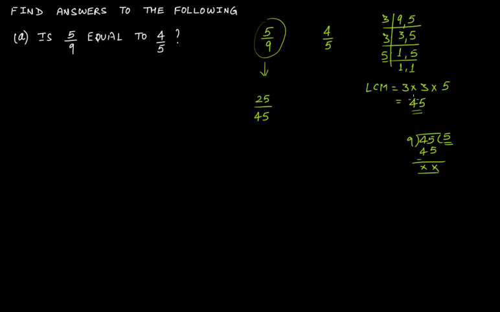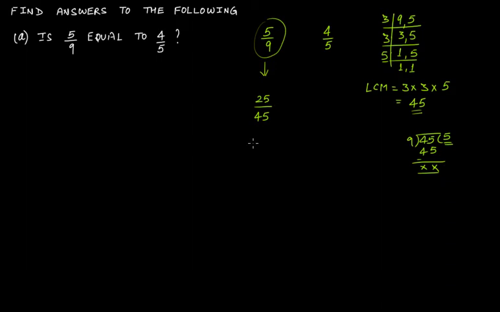Now if you have to make an equivalent fraction for this fraction having denominator 45, you'll multiply 9 with 5 to get 45, and since you have multiplied your denominator by 5, you also multiply your numerator by 5, then only you'll get an equivalent fraction. Okay, so it was just a recap.